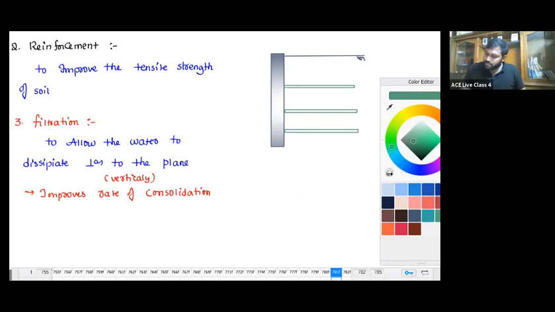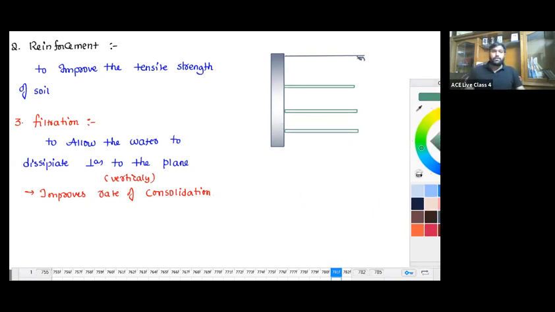Whatever this is, this is nothing but the geosynthetic. Okay. So if there is any clay layer, for example, and there is a water table, something like this, or if there is any rainwater coming out. Now, whatever load you apply, for example, this is going to be a dense sand.